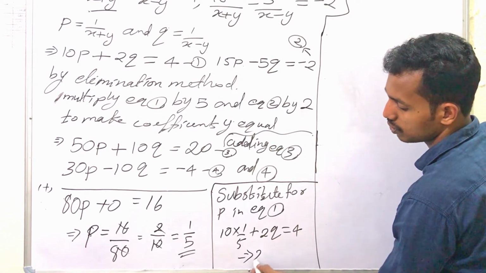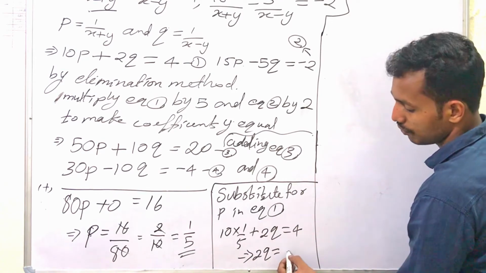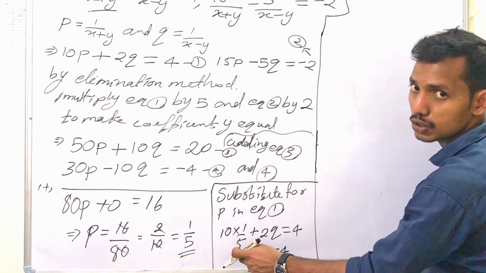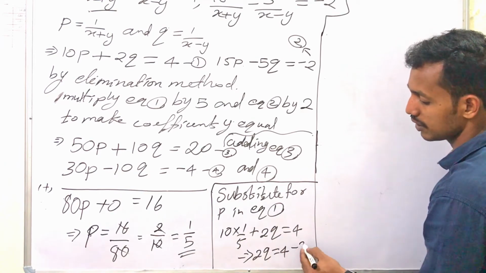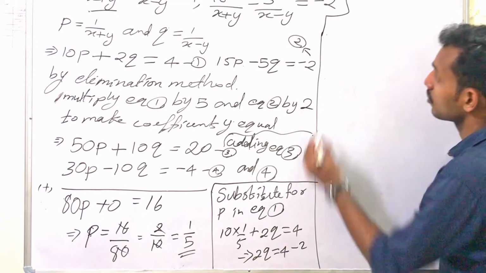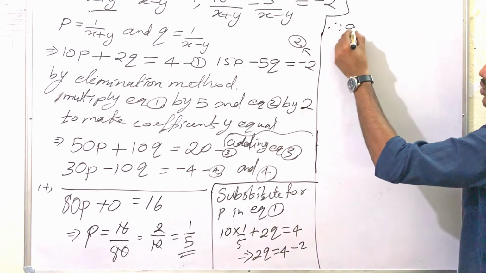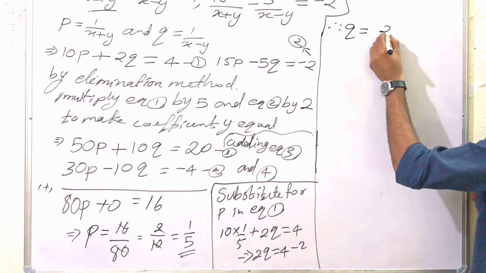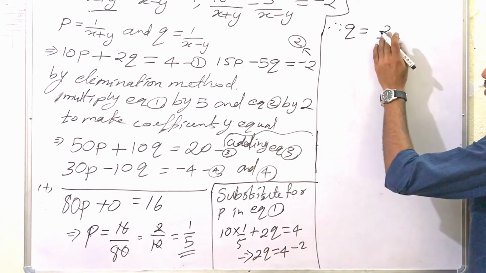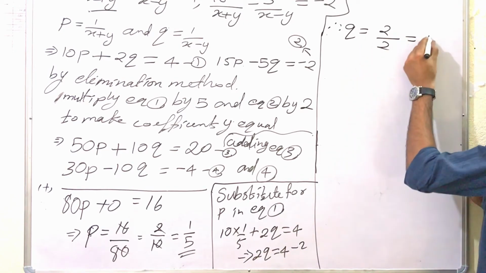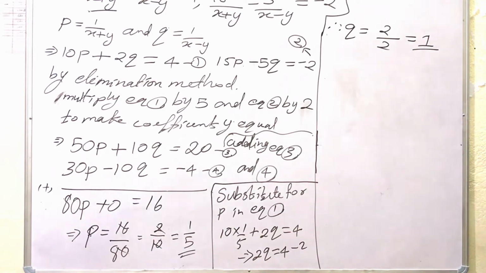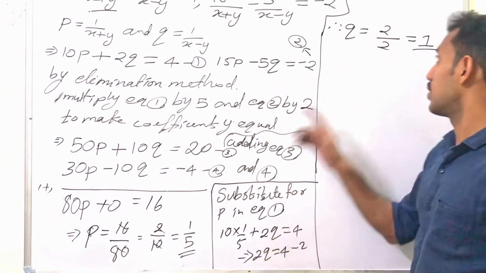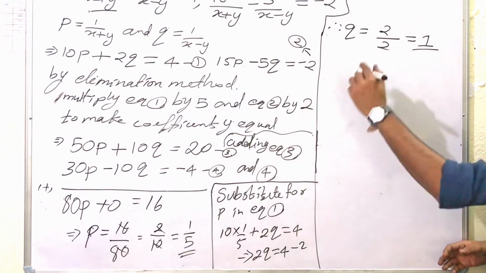That implies 2q is equal to 4, 10 by 5 will be 2. Plus 2 taken across, it will be minus 2. So therefore q is equal to 4 minus 2 is 2, divided by 2 will be 1. So which is equal to 1. So now we have got the value of p is equal to 1 by 5 and q is equal to 1. Now we substitute it.